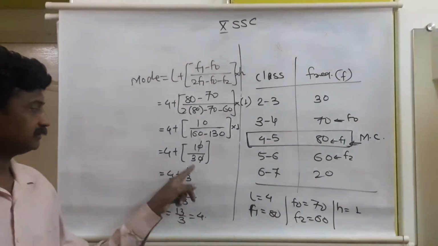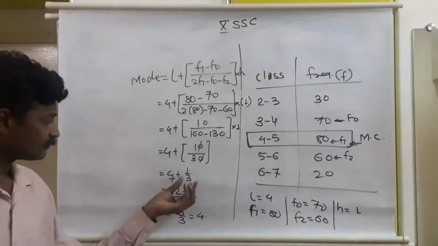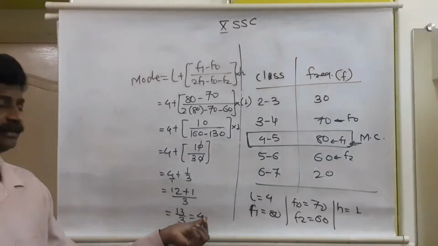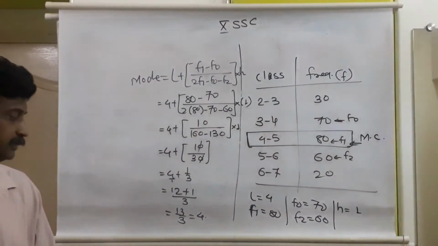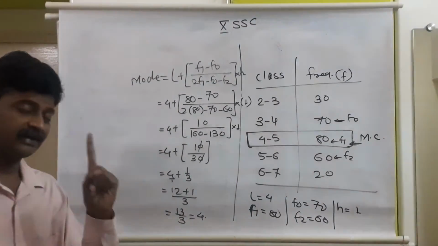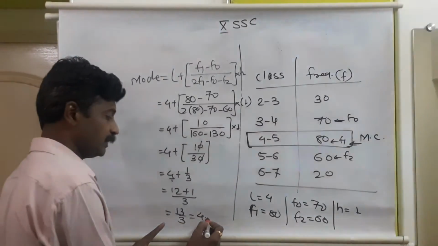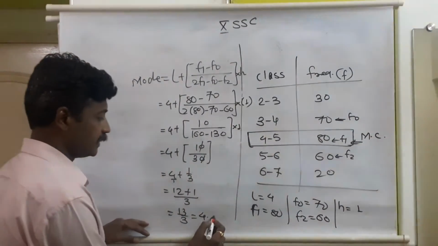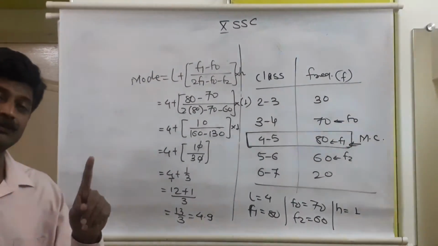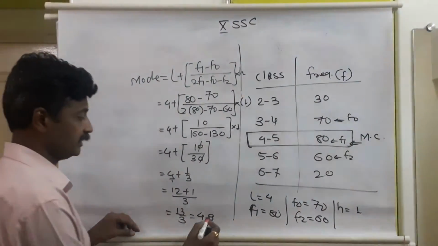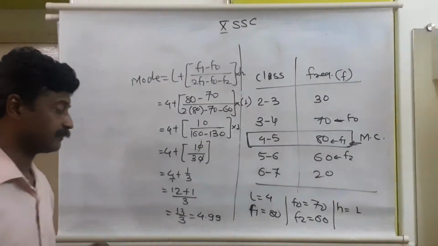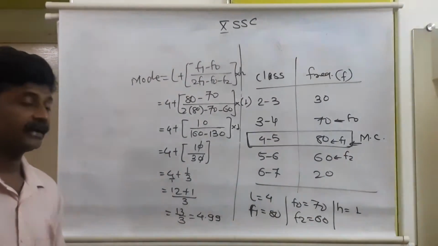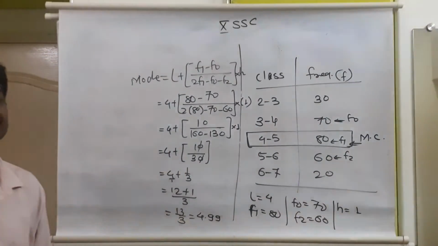Either add the decimal answer to 4 or divide it, either way the answer will be 4 point something. Remainder is 1. Because of the decimal point, that 1 will convert into 10.